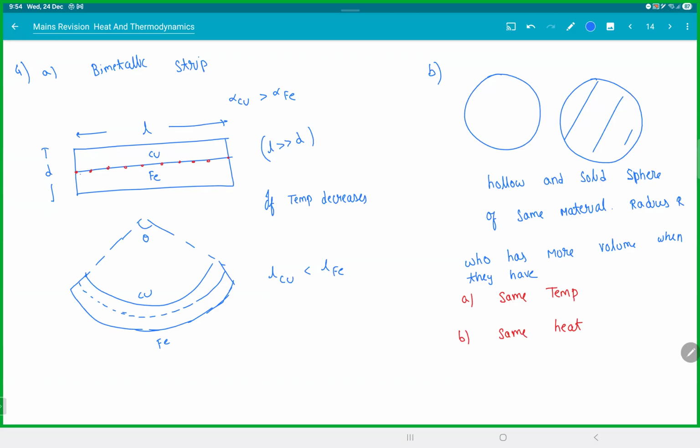What about this thing? You have a hollow and a solid sphere of same material and radius r. If they are at the same temperature, which body will have more volume? The whole volume, not the cavity, the whole volume. If they're given the same heat, which will have more volume?